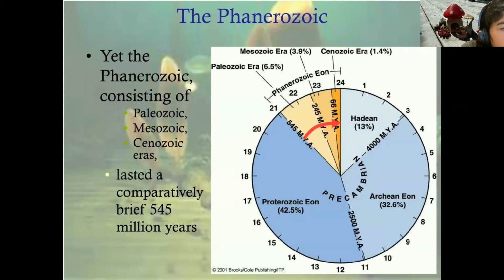The Proterozoic eon. Proterozoic. It's almost 42% of the Earth's history. And then the Archean and the Hadean, another 40 or so percent, right?